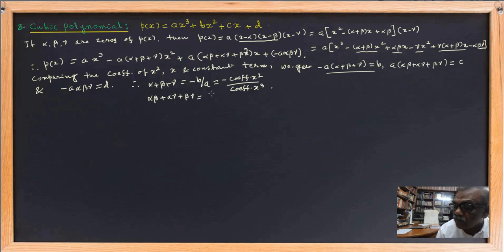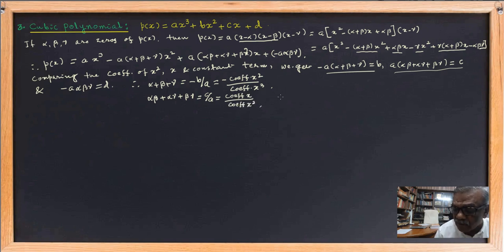And alpha into beta plus alpha into gamma plus beta into gamma is equal to what? From this, c by a, that is a coefficient of x divided by coefficient of x cube.